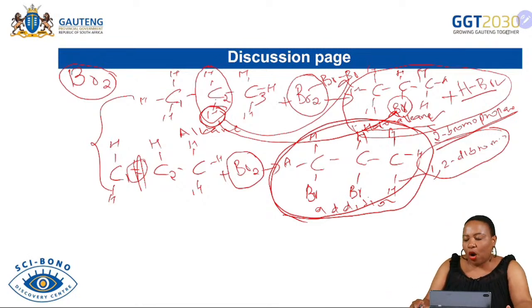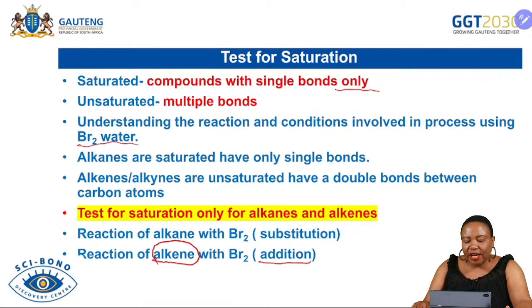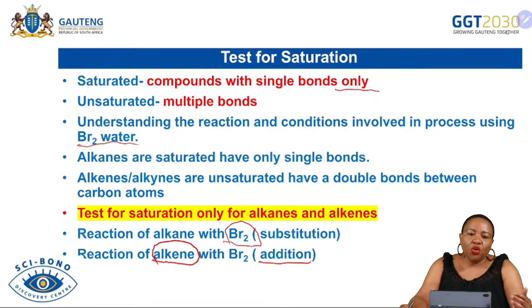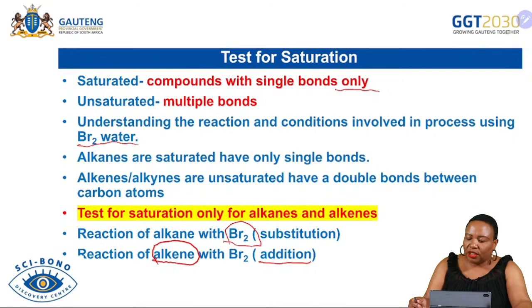So this is how we are going to test for saturation using bromine water. Sometimes the examiner will ask, how do we test for saturation? You know that you are going to use bromine water to test for saturation.